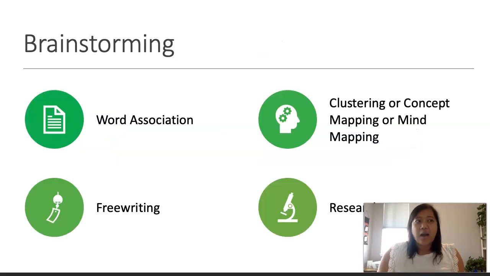All right, so how do we find a great topic? Some of you in your discussion board were actually talking about how invention can be the tricky part. Narrowing down what it is that you would like to talk about. So there are some techniques in the book that discuss this.